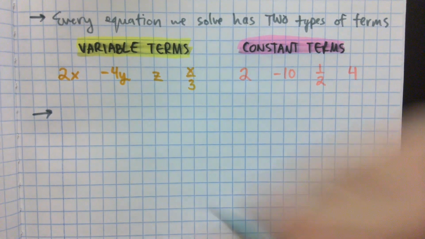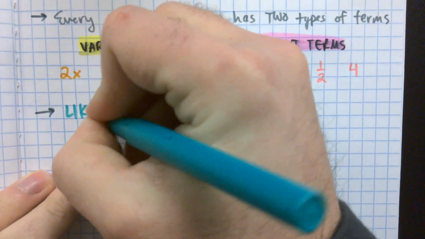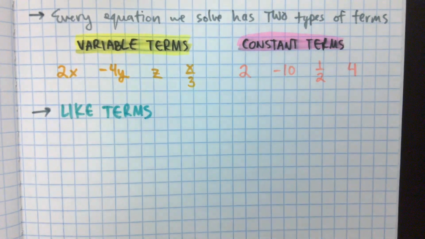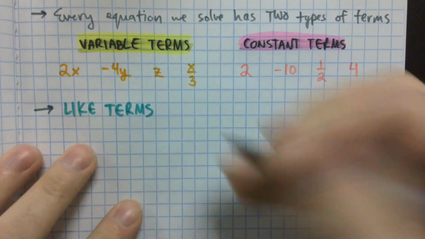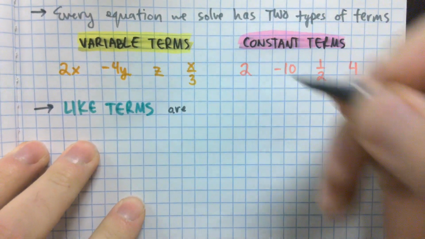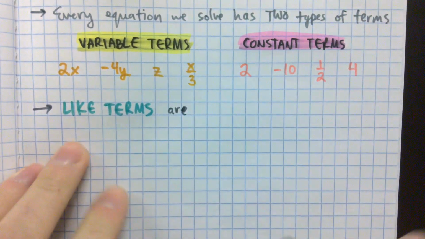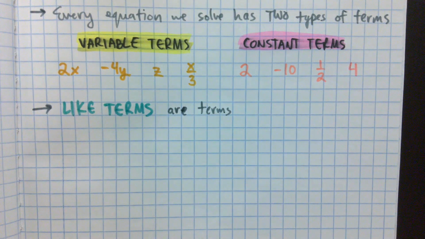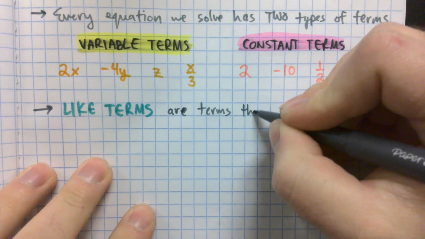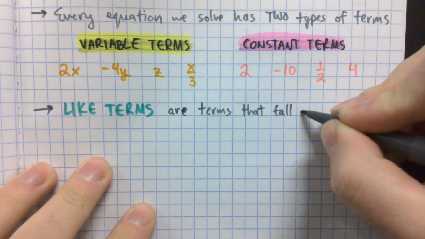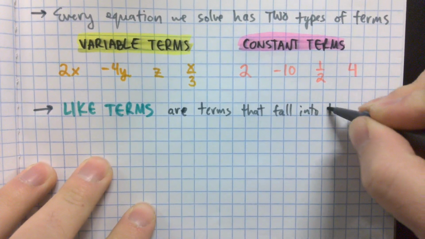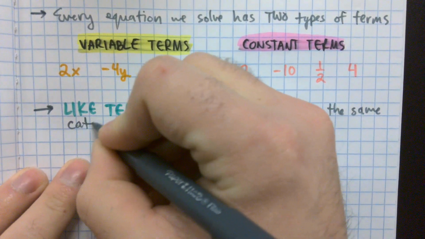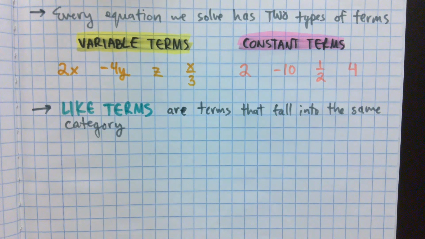So when we're talking about like terms, we could say like terms. I'm going to say the word terms like a million times today, so I apologize. Like terms are terms that fall into the same category.